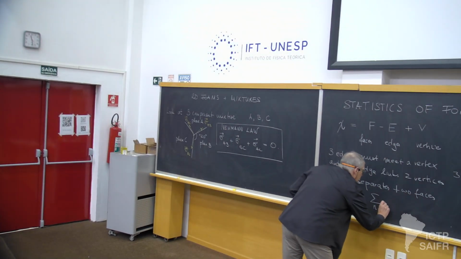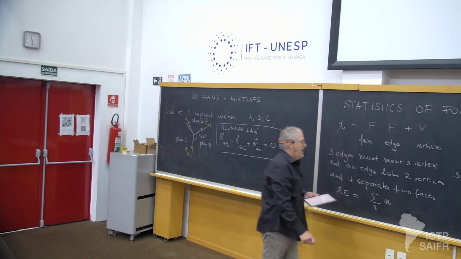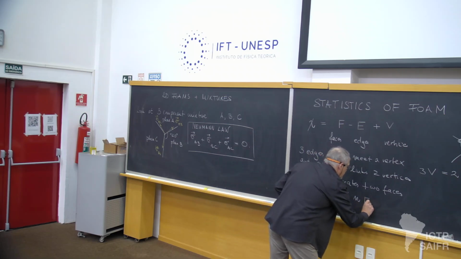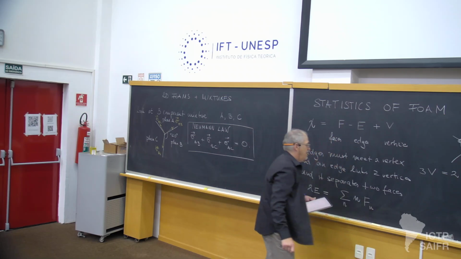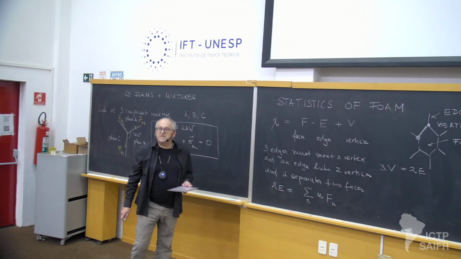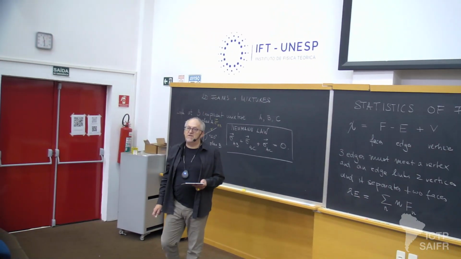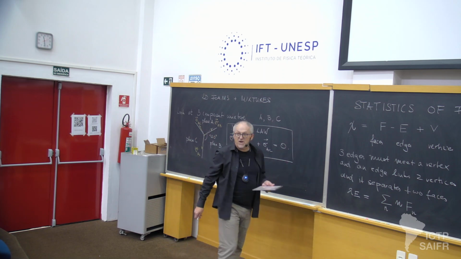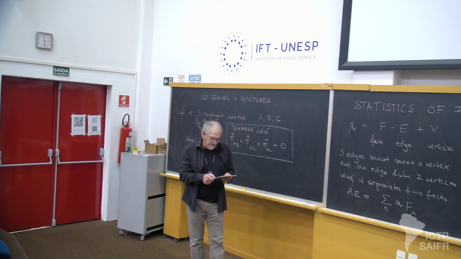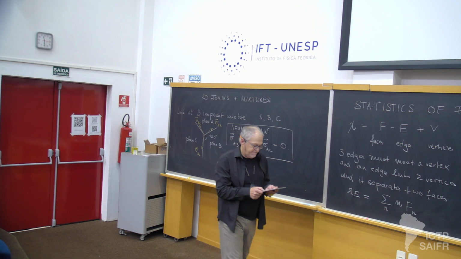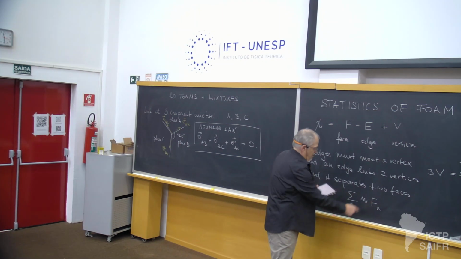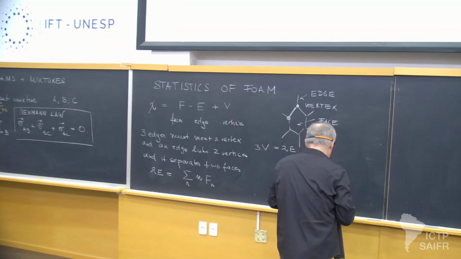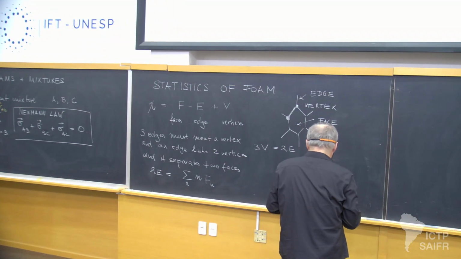And you count the number of edges, n, and you multiply this with the frequency that they occur in your system. That's the third equality that you have. So just by the very structure of a polyhedral, these are strict relations. Okay, Fn, if you missed it, is the frequency of faces with a given number of edges.